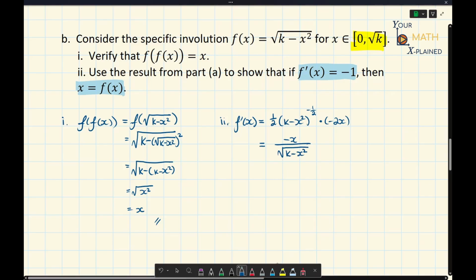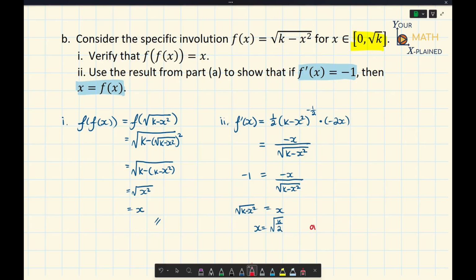So now if f prime of x is equal to -1, then that means -1 is equal to -x over the square root of k minus x squared, which means the square root of k minus x squared is equal to x. And if we actually solve this, we end up with x is equal to the square root of k over 2. So notice how we only have one solution here. So that means there's only one value within the domain where the derivative is equal to -1.